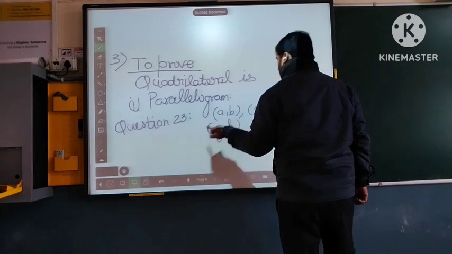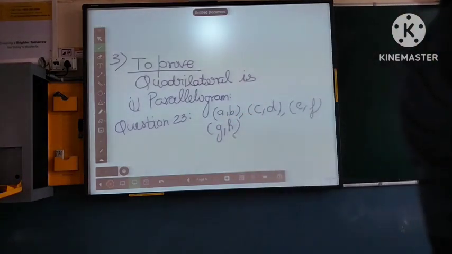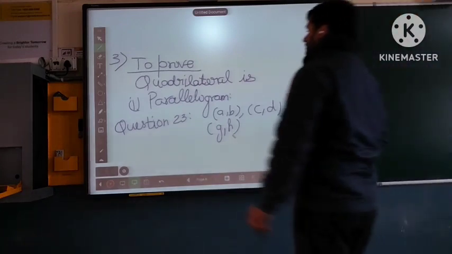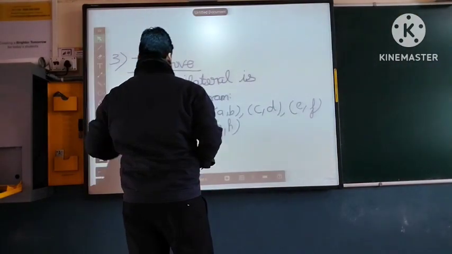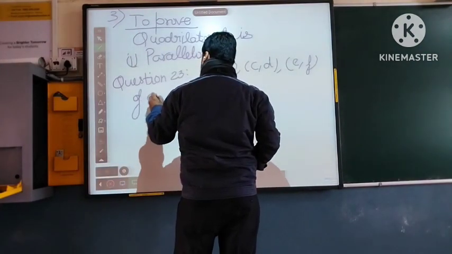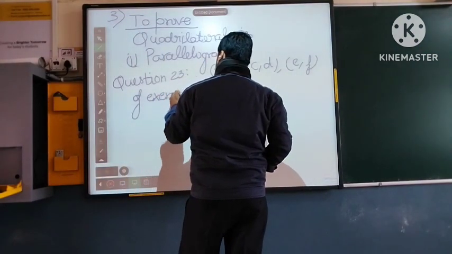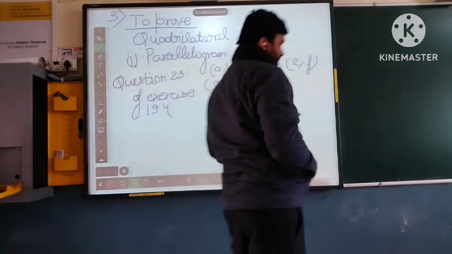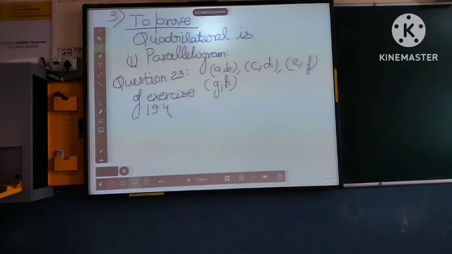You can get four coordinates any time, and accordingly you find the length of the sides, and then judge which type of quadrilateral is formed. This question from exercise 19.4 I have solved in the PDF I have sent to you.